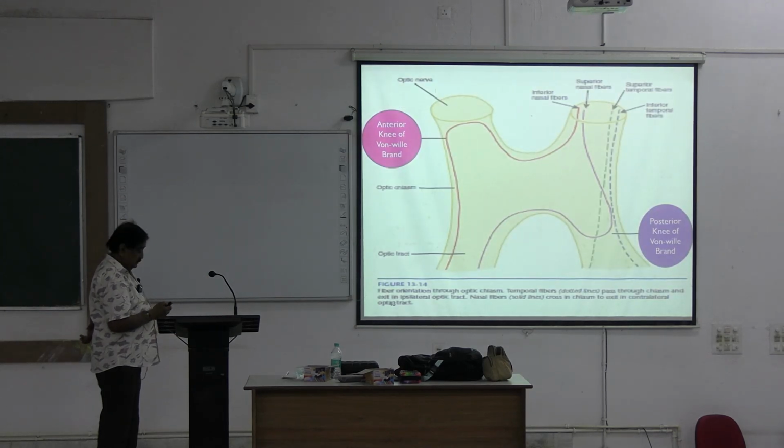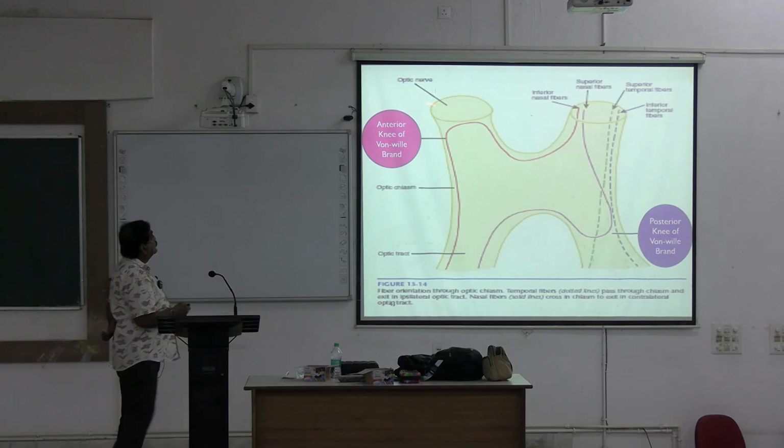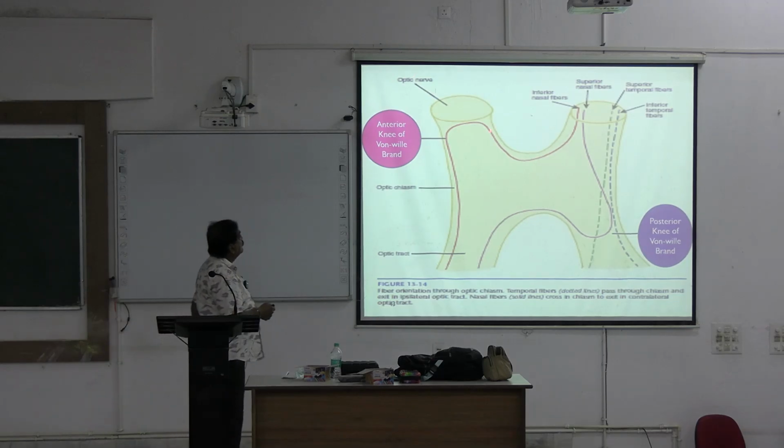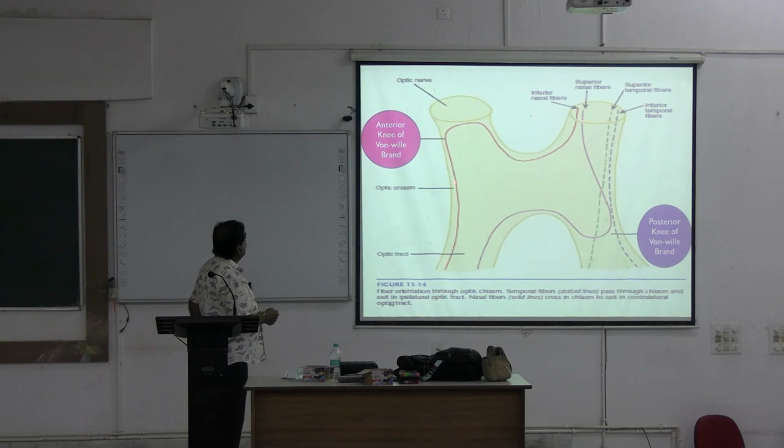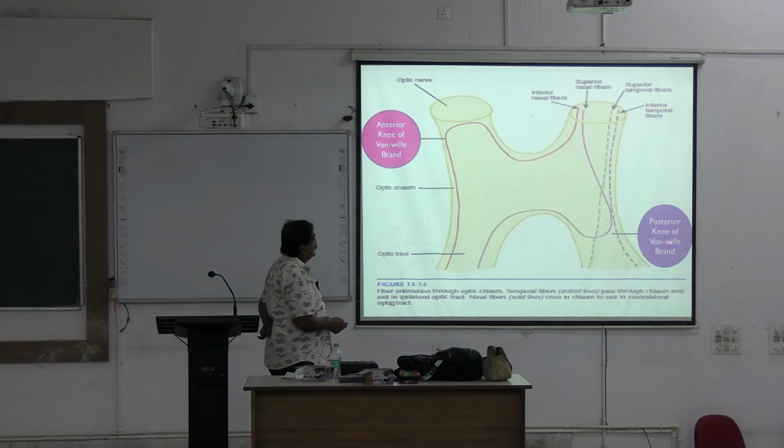Now, the optic nerve, the anterior knee of von Willebrand, optic chiasma, optic tract. Now, the posterior knee of von Willebrand, this portion.